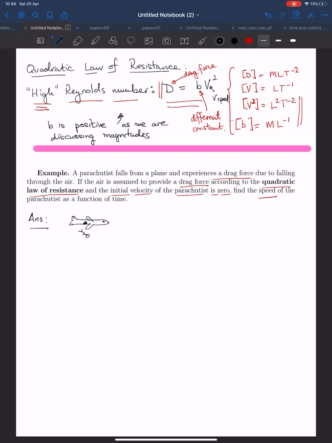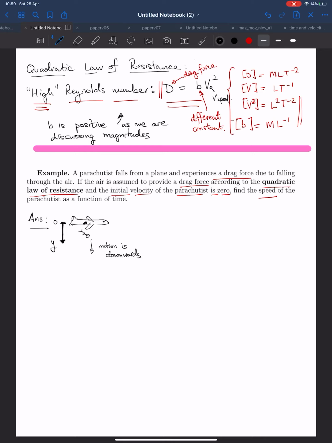So this is the picture. I'm going to call this our reference point O, where the plane is. And let's take, for instance, positive direction to be downwards. So this is y. So the motion of our parachutist is this. Motion is downwards.